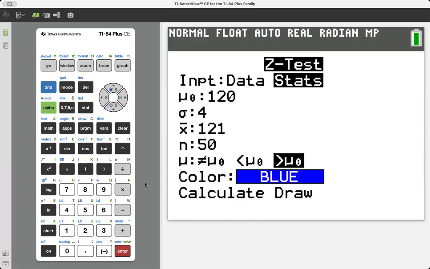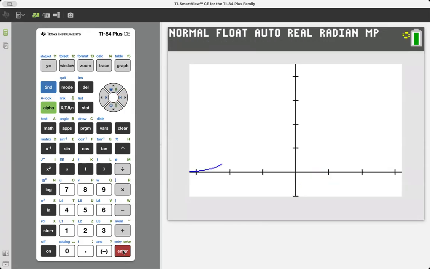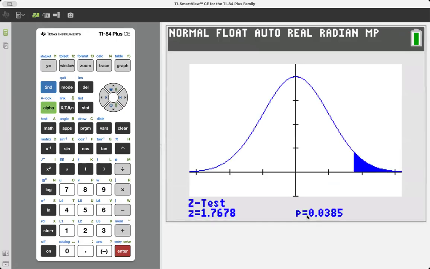And maybe I'm going to be doing that for the next 2 examples after this one, because I do like the way that comes out. So it also rounds our p-value for us, which is nice. P equals 0.0385. The z-score is helpful for determining the location of this vertical line right here. That is the z-score.